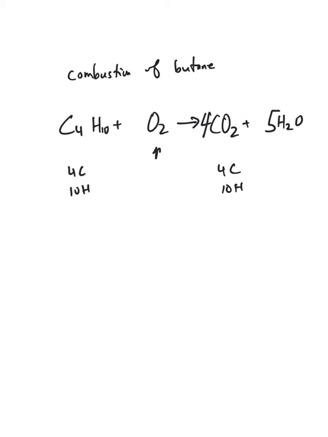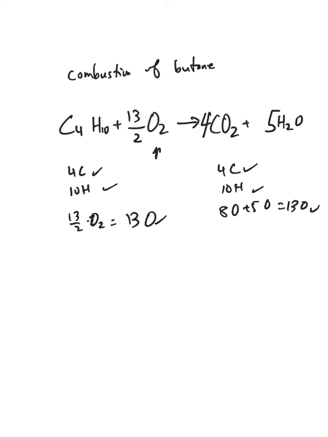I've got 2 oxygens on the reactant side. On the product side, I've got 4 times 2 is 8 oxygens plus 5 oxygens. That's 13 oxygens. So I can balance that by putting 13 halves in front of the O2. So now I've got 13 halves times 2 for the O2. That gives me 13 oxygens. And so everything is balanced.